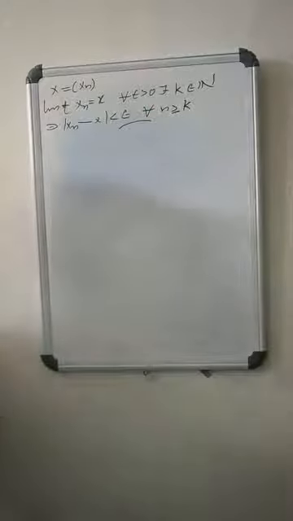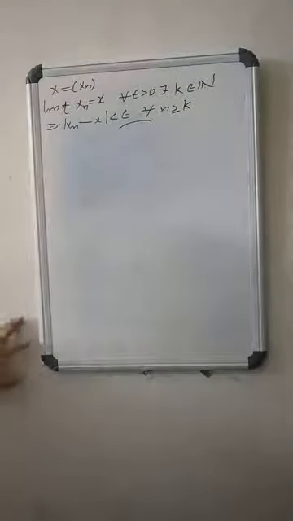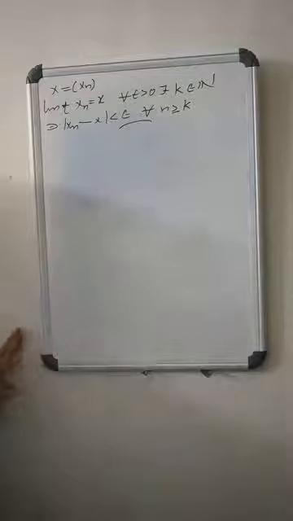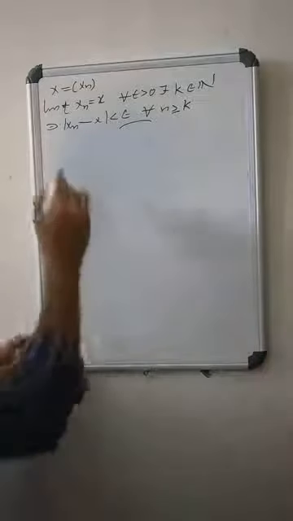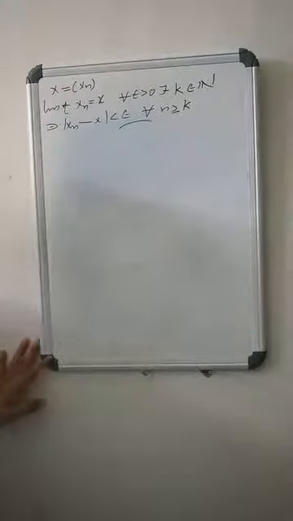This is the definition of the limit of a sequence, or convergence of a sequence. The sequence (xn) converges to x means limit xn equals x.